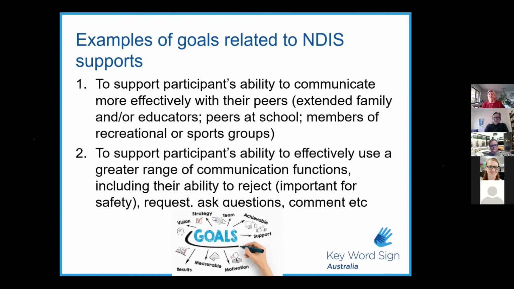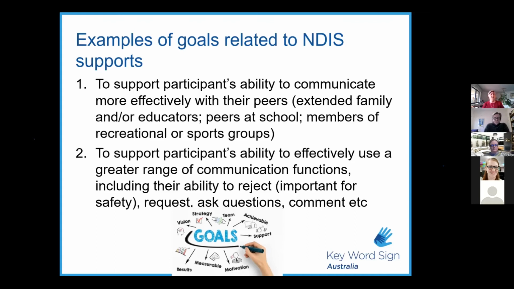So I just thought I'd come up with a few goals and talk through some examples of goals that might be related to NDIS supports and keyword sign support provision. So you might have as a goal that you're going to support the participant's ability to communicate more effectively with their peers, or with extended family, or with educators, or with members of recreational sport groups that they're involved with, depending on what is important for that particular participant at that point in time in their life.